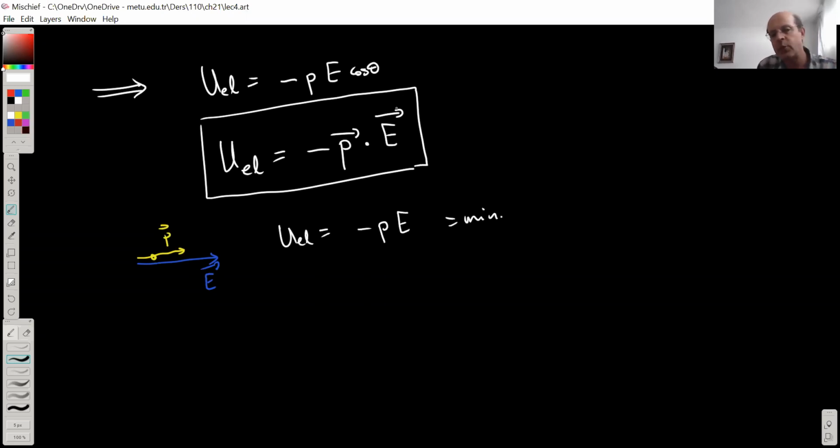This expression is always between minus PE and plus PE, and minus PE is the minimum. Therefore, this is the orientation where the electric dipole moment is in the stable equilibrium position, and it corresponds to the situation where the potential energy is minimum. So that's the stable equilibrium.